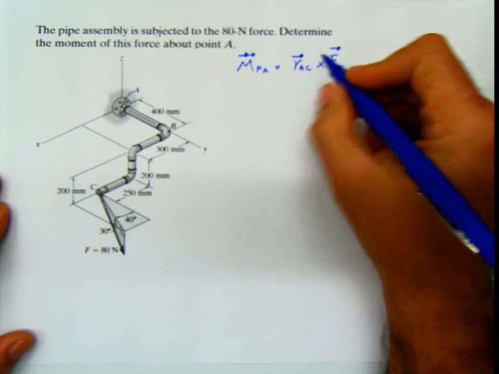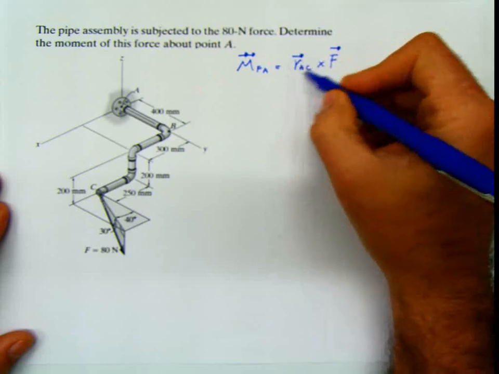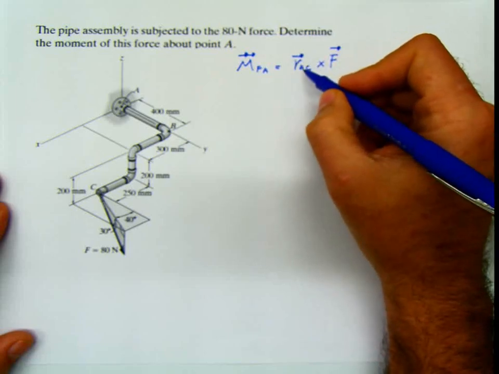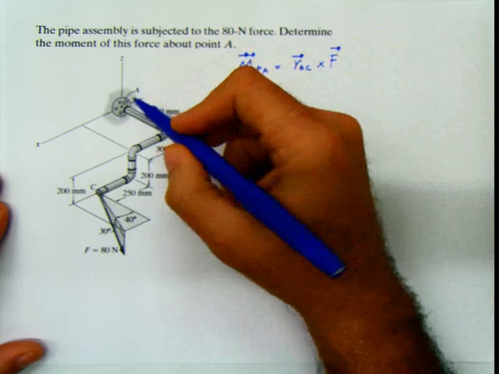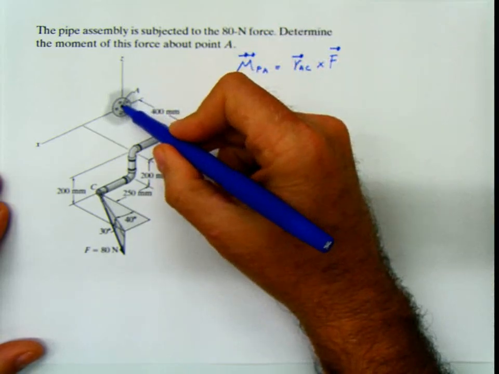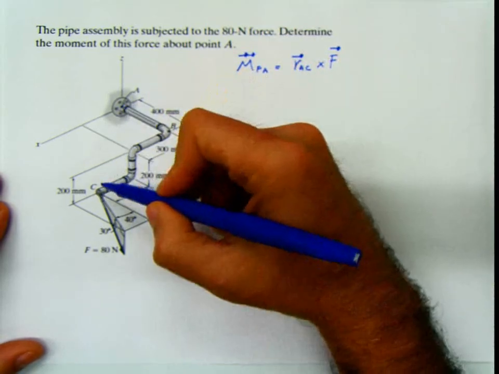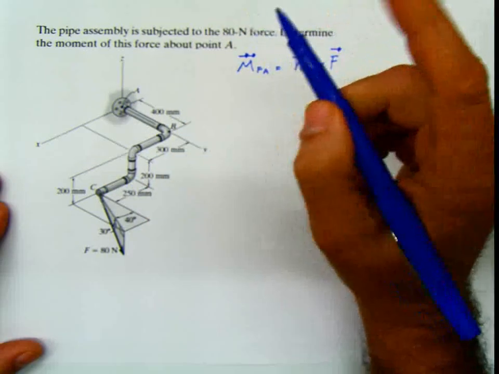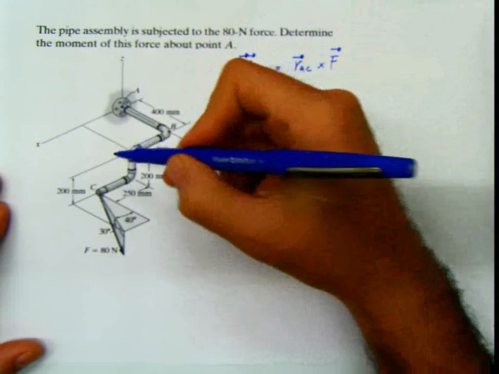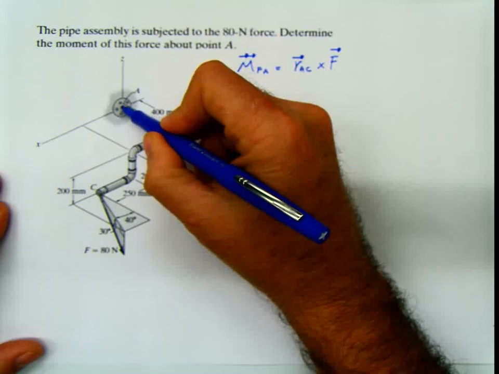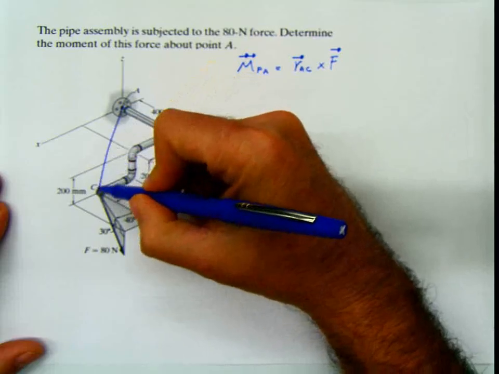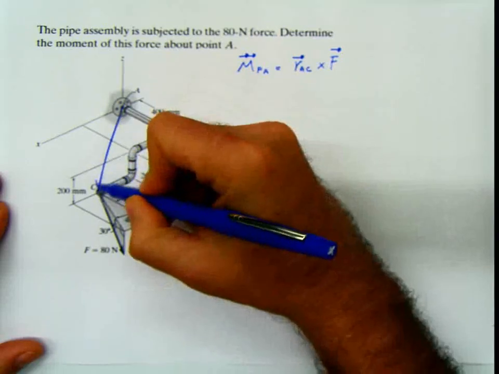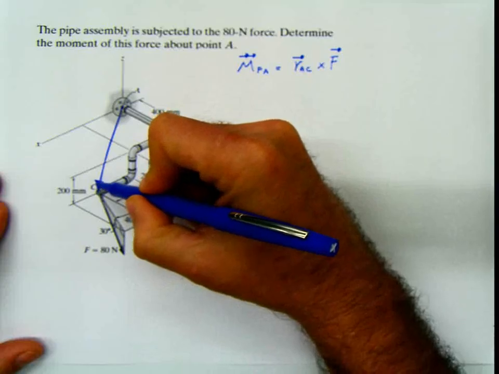In other words, this arm, or moment arm, is the vector from the point where we want to calculate the moment up to any point on the line of action of the force. So from this point to this point.